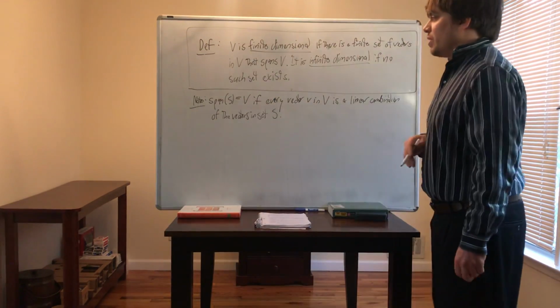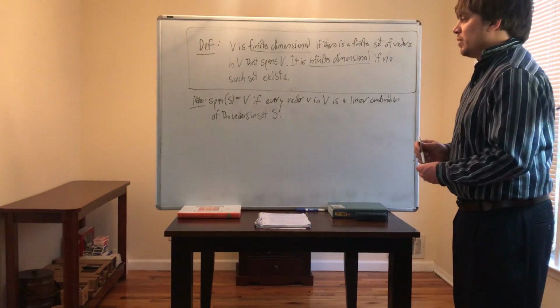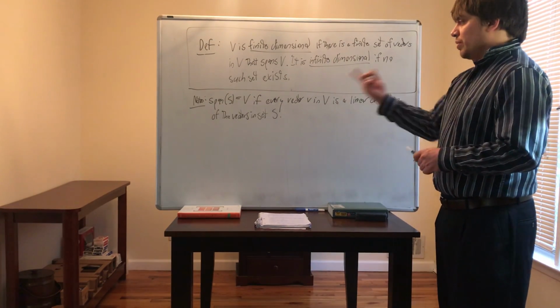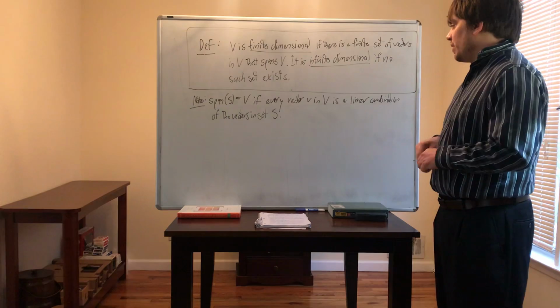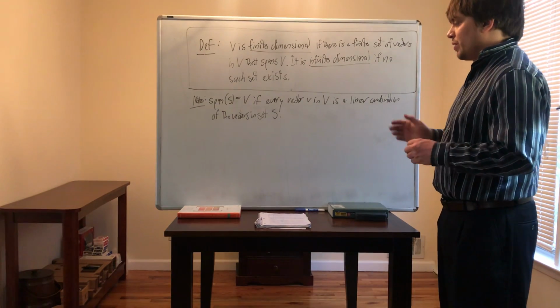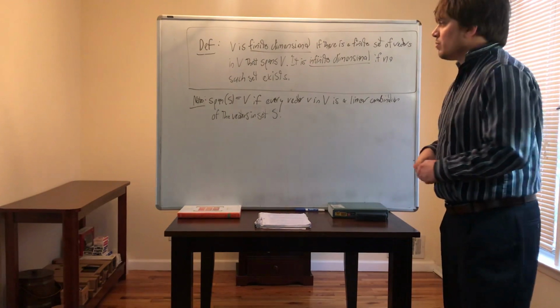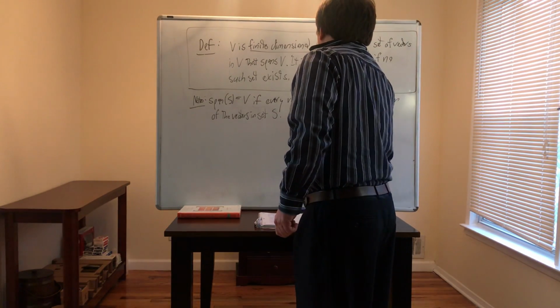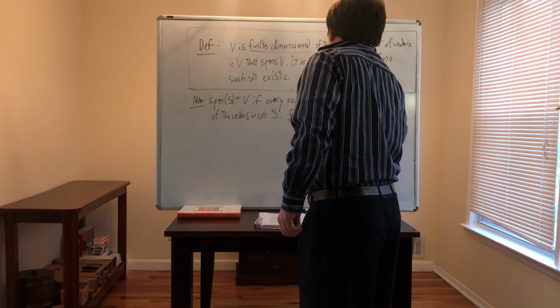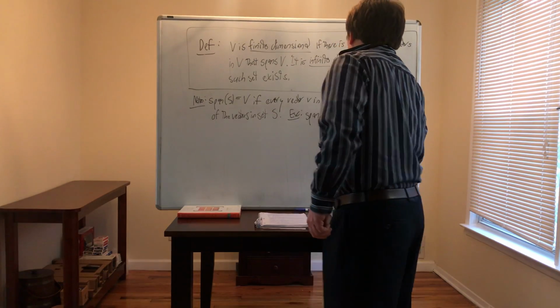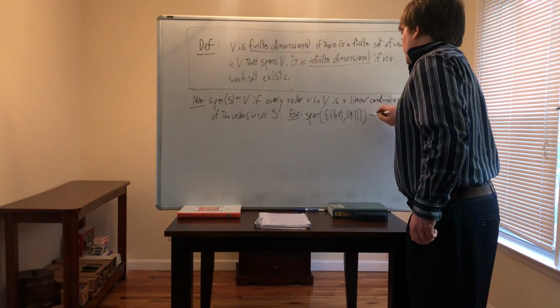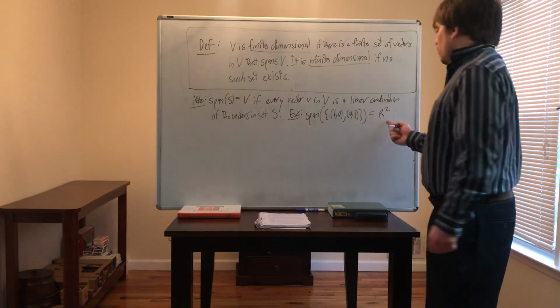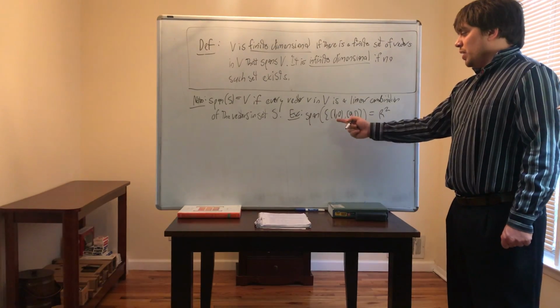So the span of a set of vectors S in V is equal to capital V if every vector little v in capital V is a linear combination of the vectors in set capital S. Okay, and an example of that would be the span of the set (1, 0), (0, 1) is equal to R2. Every vector in R2 is a linear combination of these two vectors.